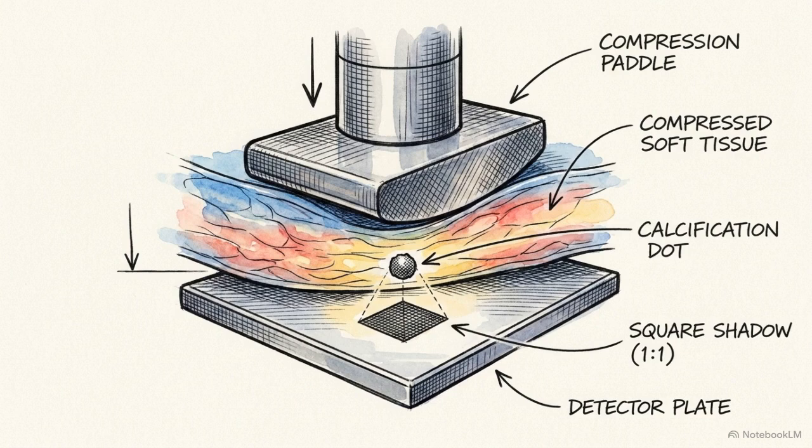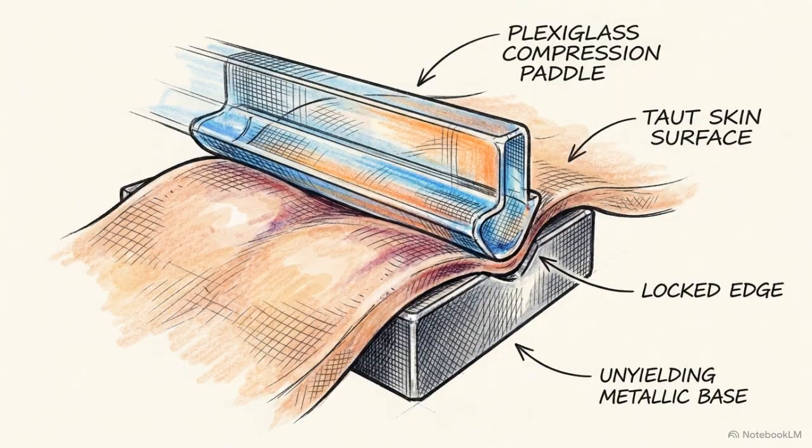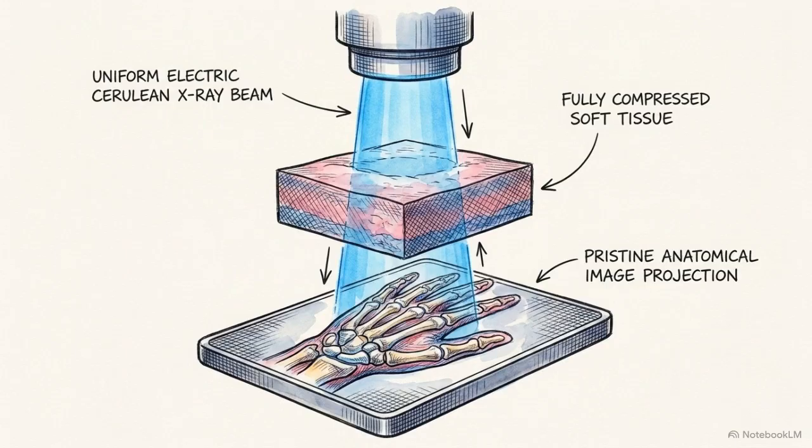Geometrically, forcing the tissue layers closer to the image receptor directly reduces geometric unsharpness. And kinetically, immobilization prevents movement unsharpness during the necessarily longer exposure times. This mechanical force is a physical prerequisite. It makes the low-energy beam viable at safe doses.